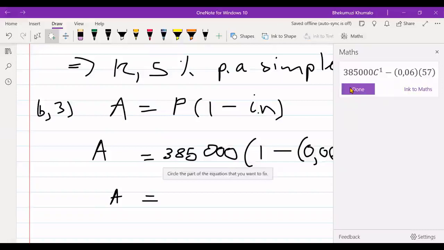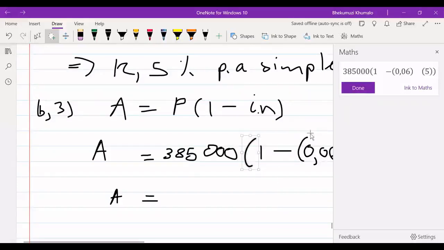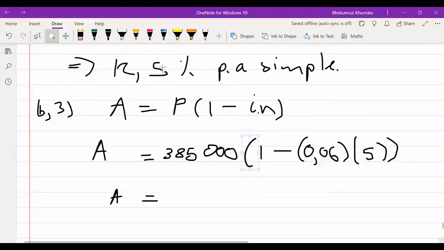Okay, so let me fix this. Oh, okay, so this is the problem right there. We're almost there. There we go. Okay, still a bit of a problem. Let's see. So I want to fix this. I'm going to say this is multiplied.